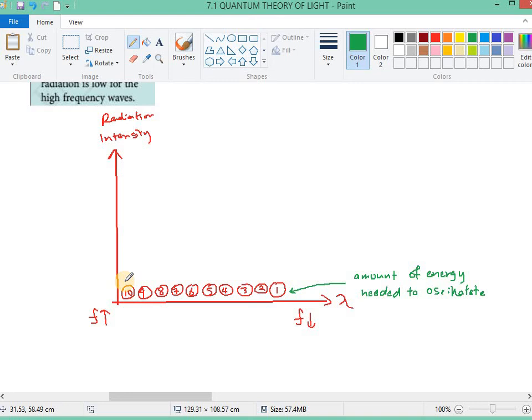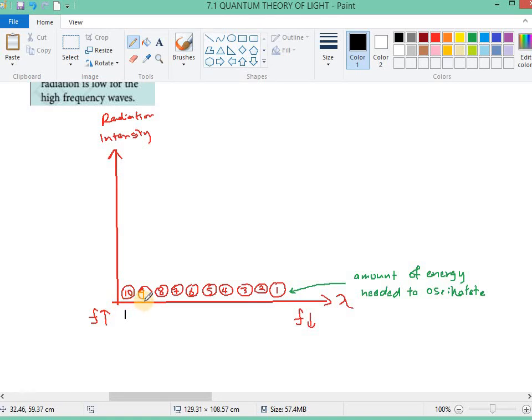Definitely not, right or not? Definitely not. So that means particles that get a lot of energy, let's say only one particle.